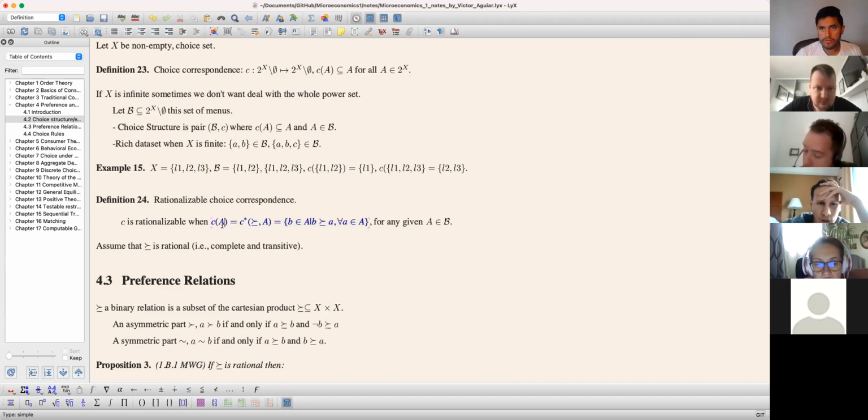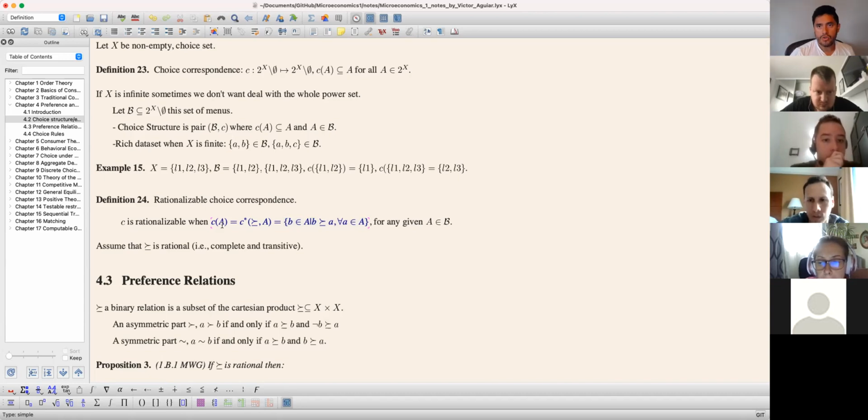So here, by definition, C is already complete without assuming it? No, C is not a preference, it's not a relation. C is just a set. Sorry, the preference is inside C. Yes, the preference that rationalizes C, that's the definition.